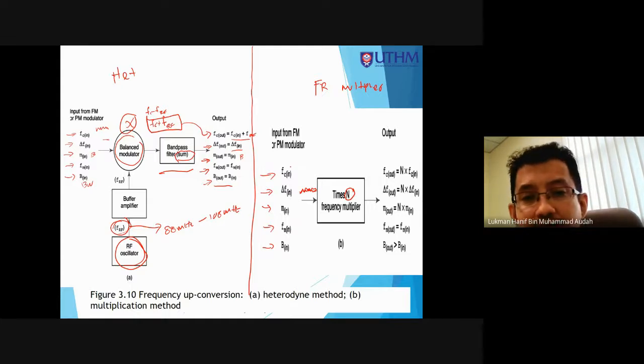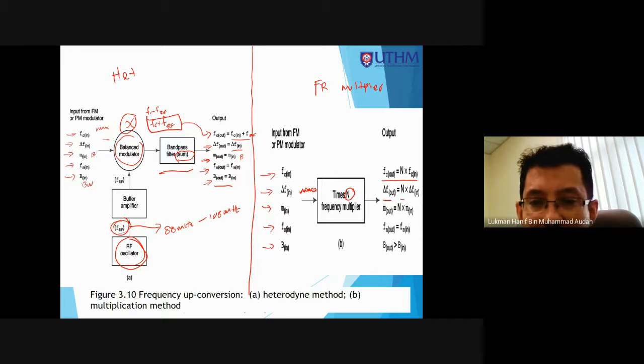Okay. So kalau you lihat, output carrier frequency akan berganda sebanyak N. So FC out equal to N times FC in. Nampak? And then delta F out is equal to N times delta F in.